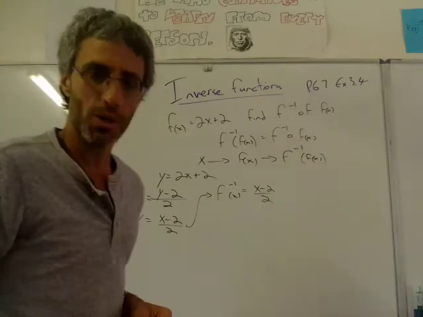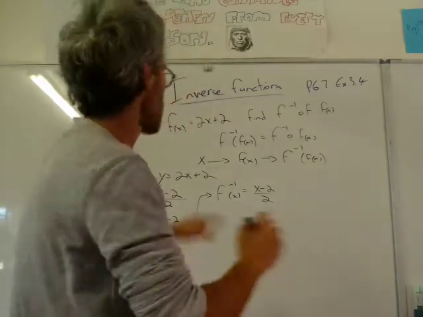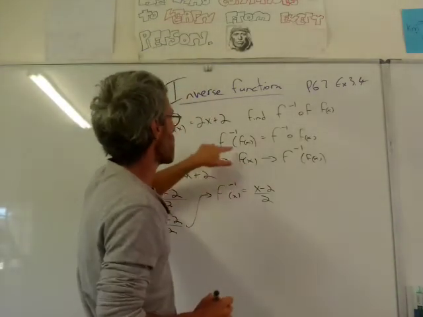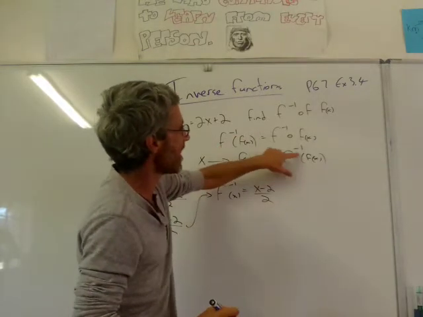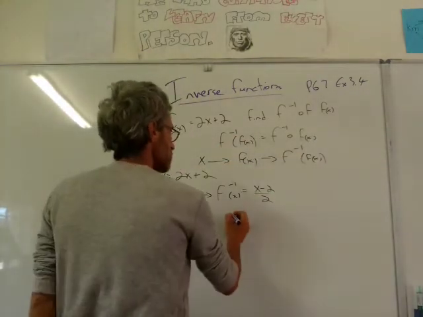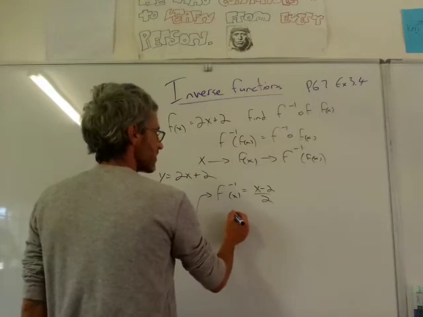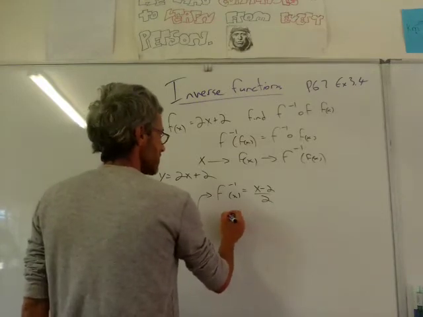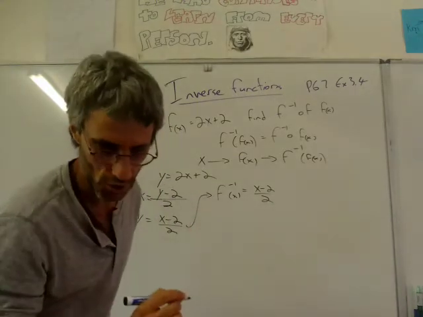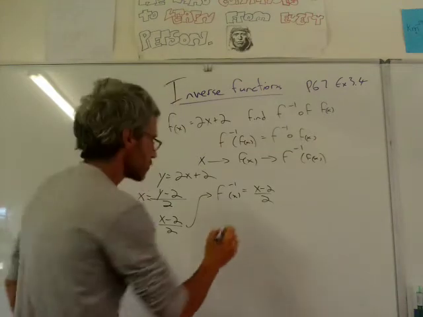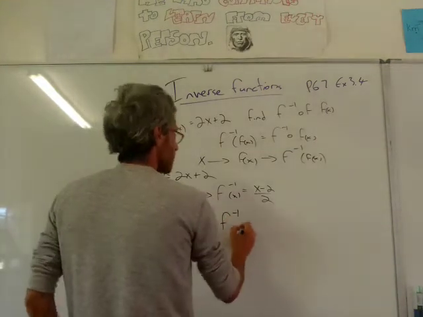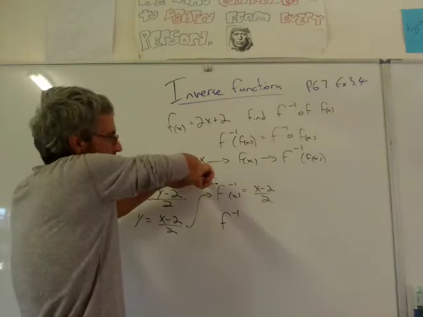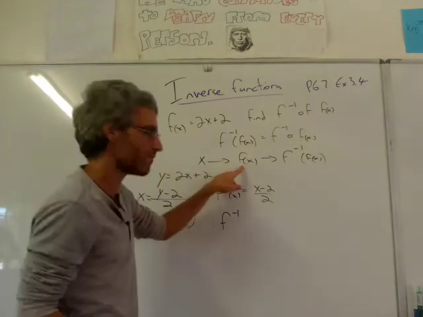Okay, so now let's do this. We are trying to find f minus 1 of f of x. So first of all, we're going to write down, we've got an x, and then we apply f of x on it.